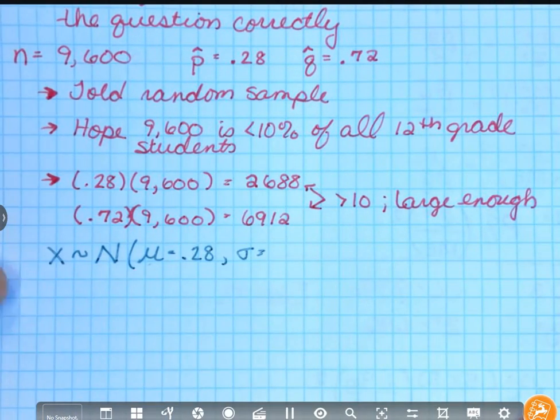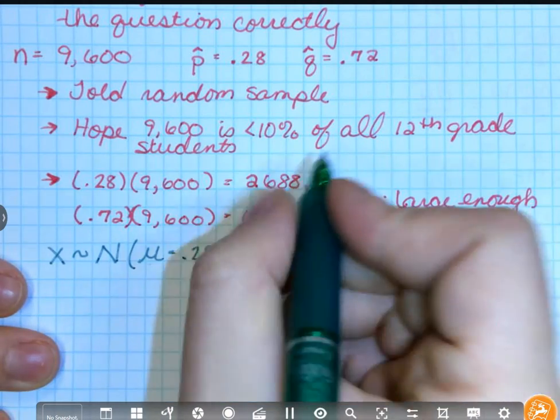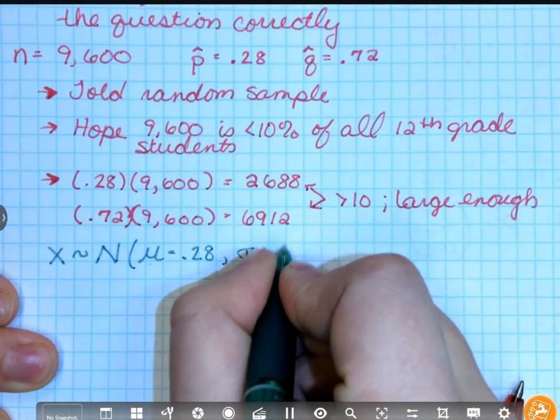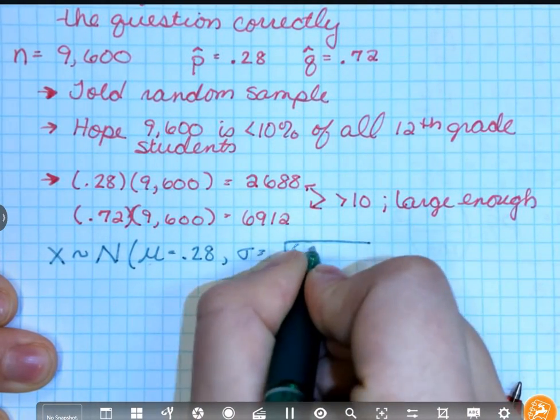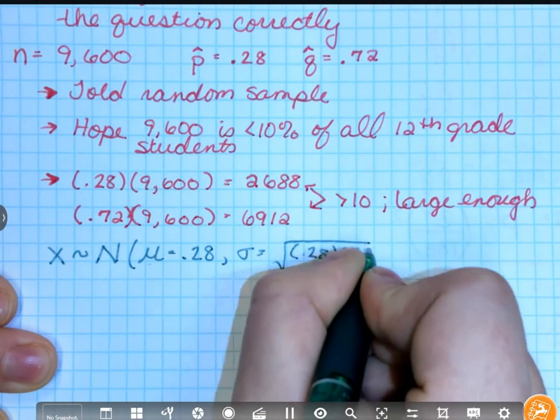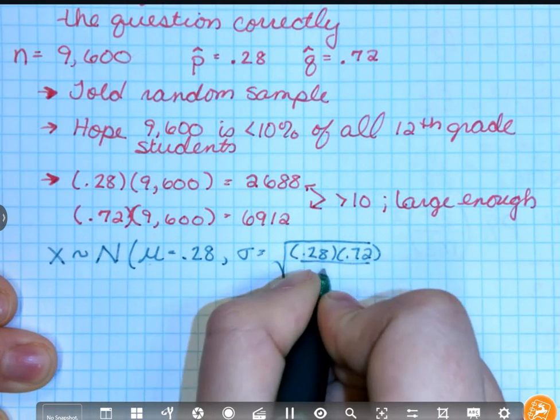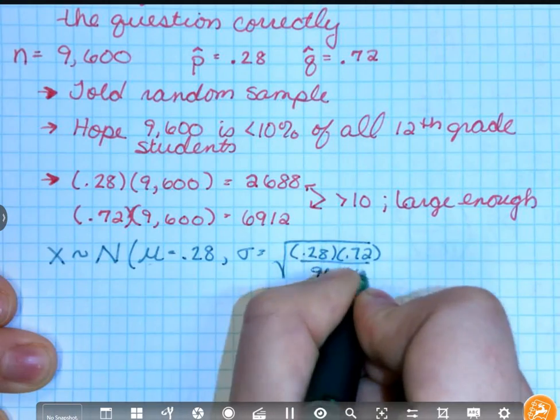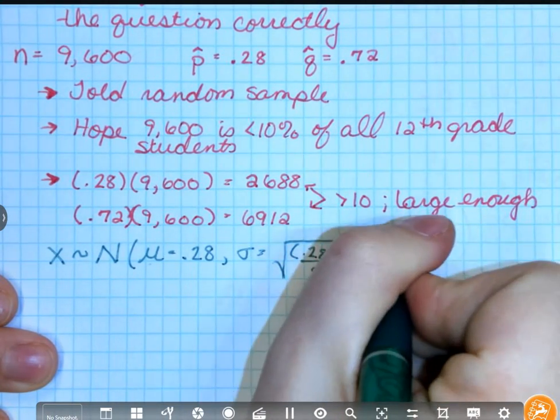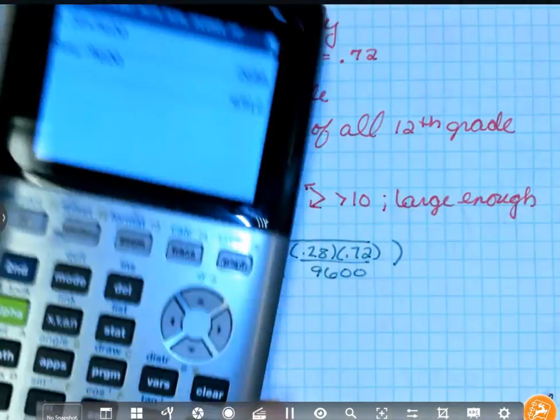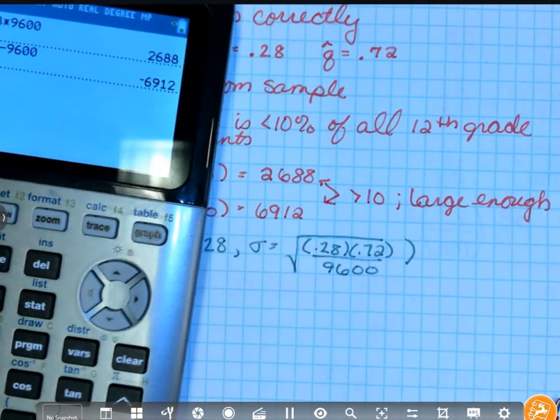And the standard deviation, if you want to go straight to a number here, you can, but someplace you're going to have to show the calculation for it, so that's why I do it here. So I would say 0.28 times 0.72, all over 9,600. And while I'm at it, I'm going to calculate that.